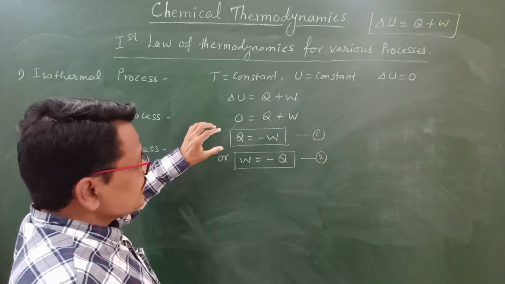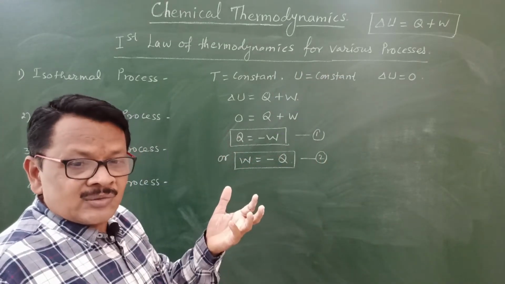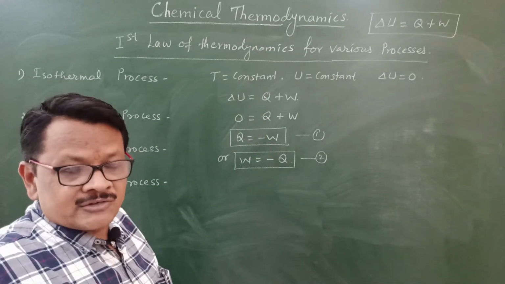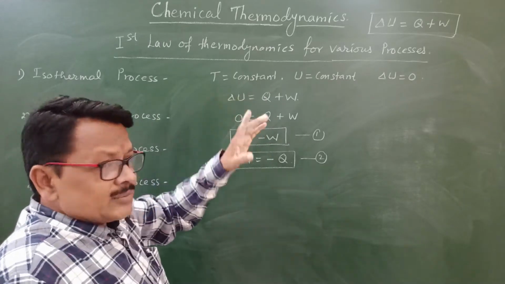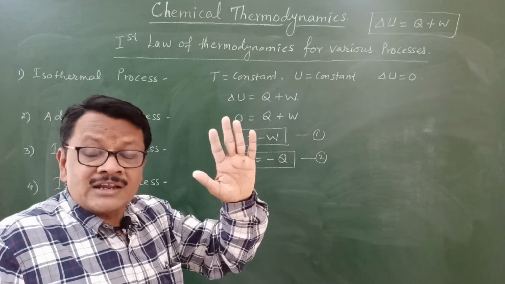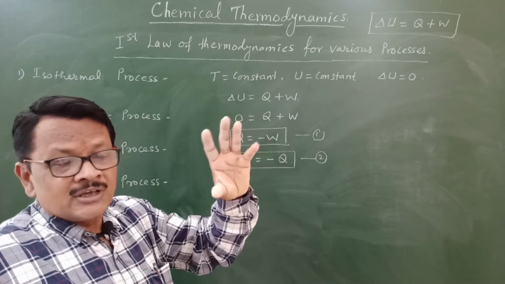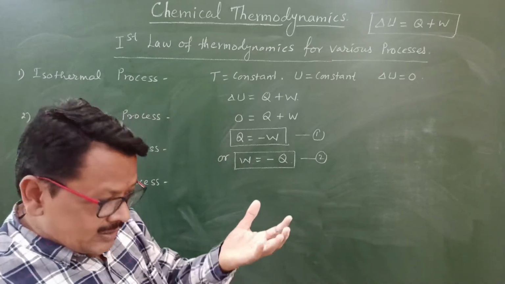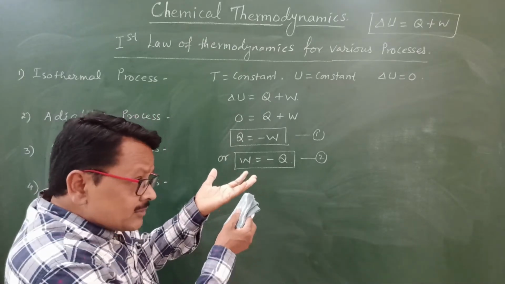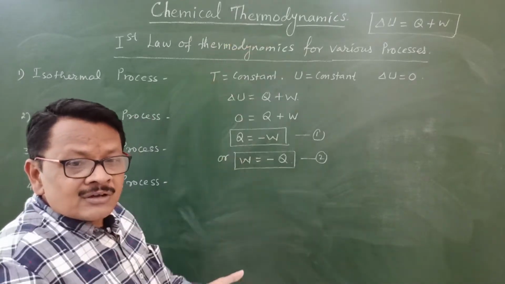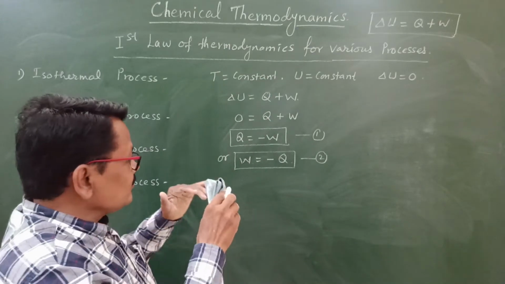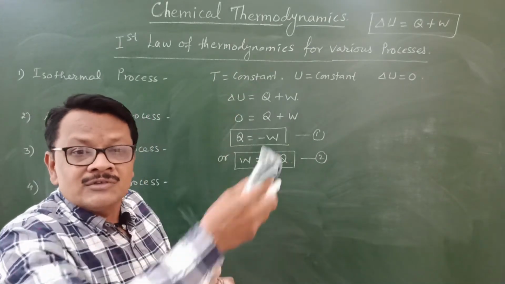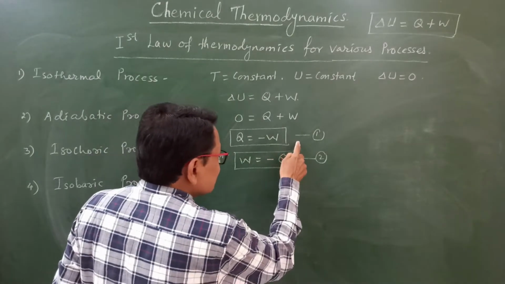Total supplied heat is utilized by the system to do the work of expansion, because its temperature remains constant. Means its internal energy remains constant. There is no change taking place in the internal energy of the system. Therefore, supplied heat is totally utilized to do work of expansion, or work by the system on the surrounding. So that is the meaning of equation 1.